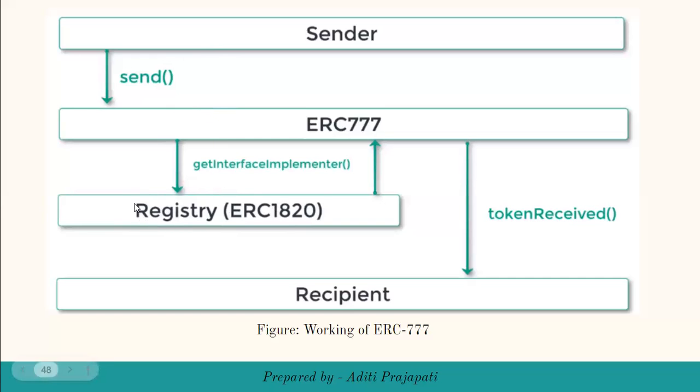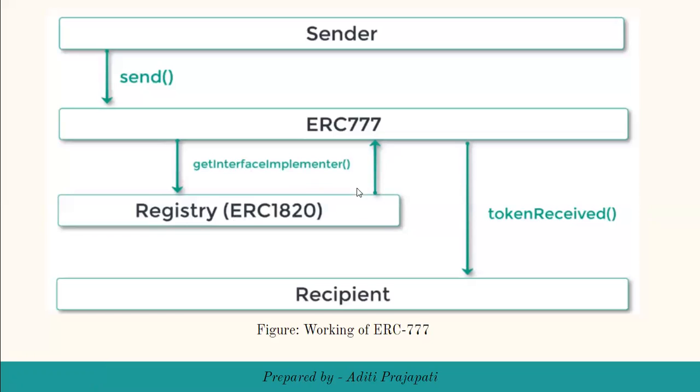So the token or the sender's address must be present in the registry, and once it is validated from the registry, then this registry will tell you who the recipient is, or what the address of the recipient is, and it gives you a callback.